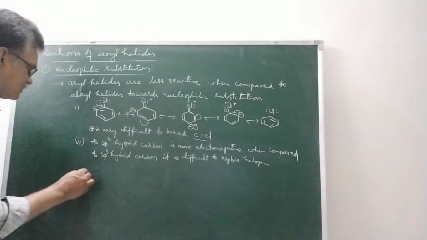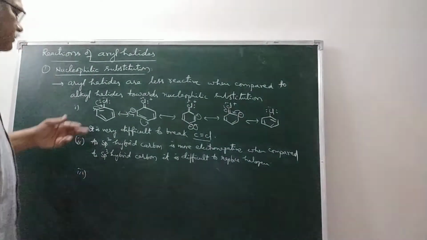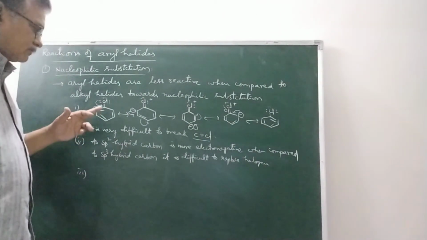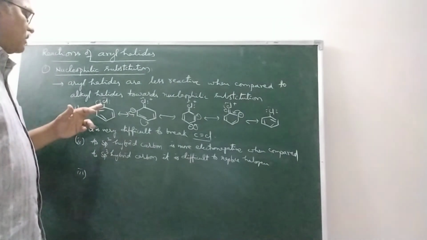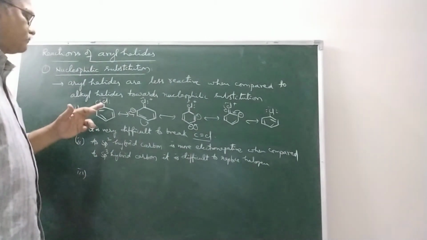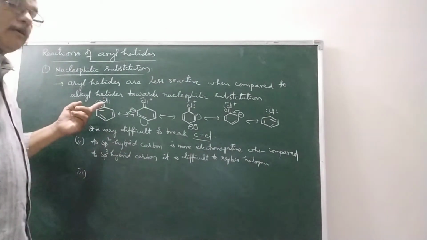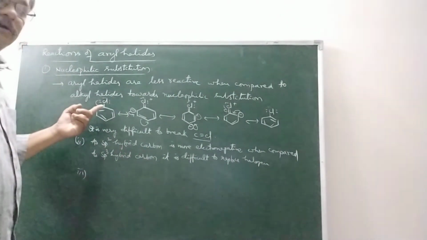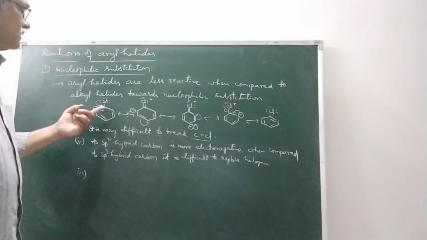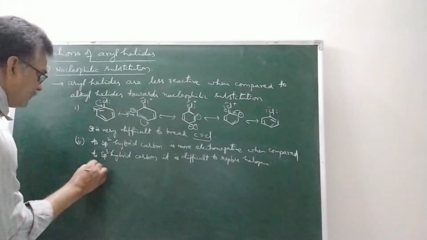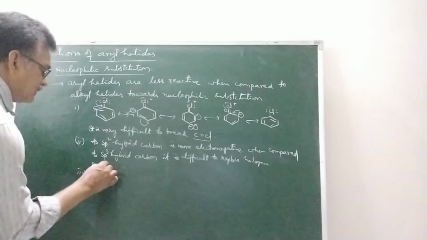Next, say in SN1 mechanism, if halogen is removed, then phenyl cation is formed.